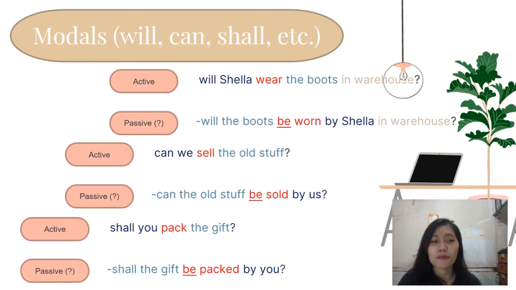The interrogative passive is can the old stock be sold by us? The last sample, shall you pack it? If we change to passive interrogative, shall the gift be packed by you?